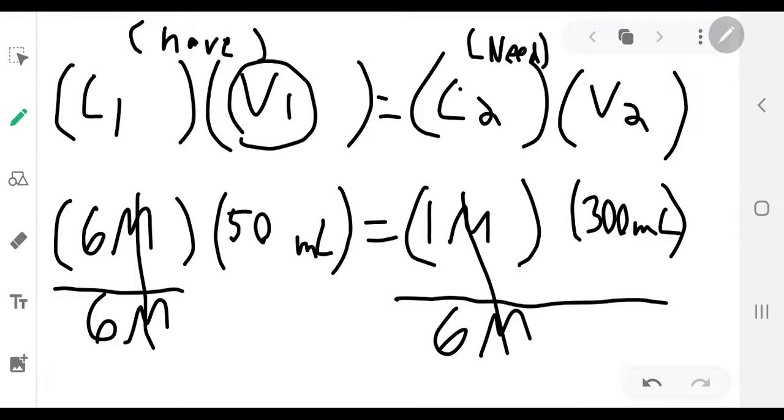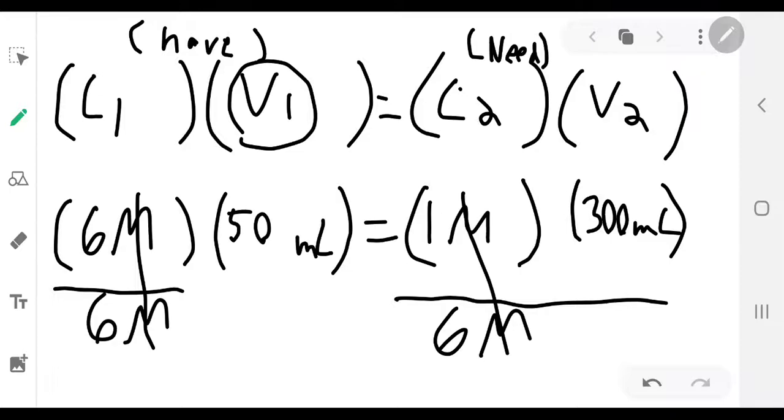Now, we're not completely done with this problem, because 50 milliliters is the amount that you're going to use of this stock solution, but we want 300 milliliters. So what you now need to do is take this 300 milliliters, and you need to subtract that 50 milliliters, and that's how much water or whatever the solvent you're using is, you need to dilute that into.